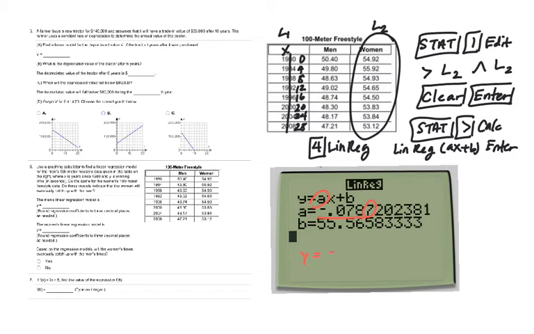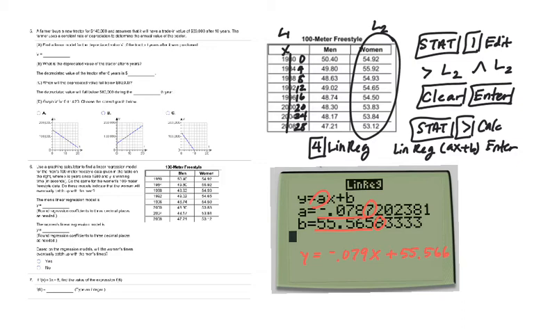So y equals negative 0.079x plus, for our B, we'll have 55.56. We have an 8 here, so we'll round this to 6. So 55.566. And so that'll be our regression for women's.